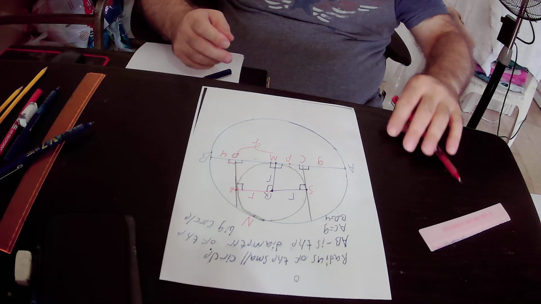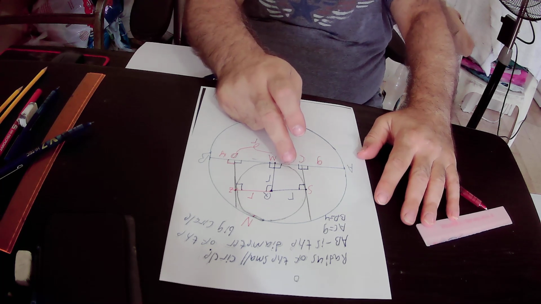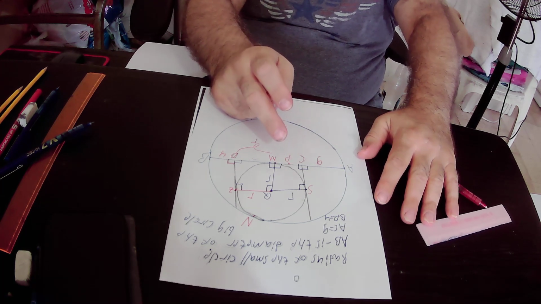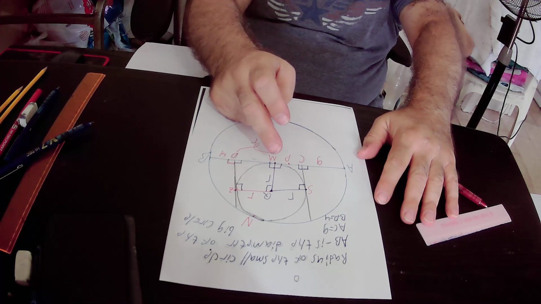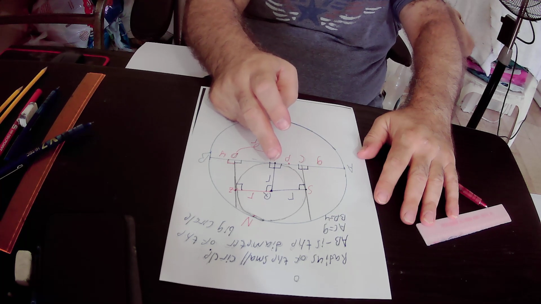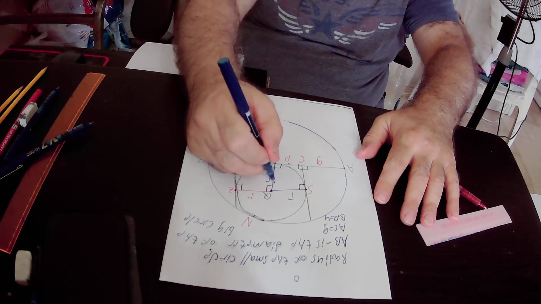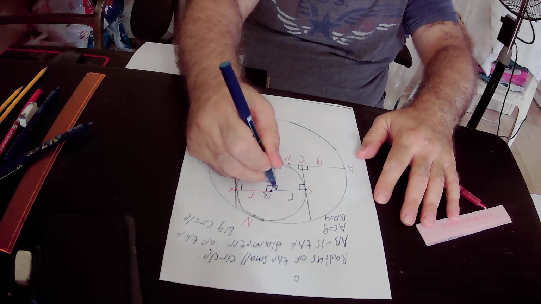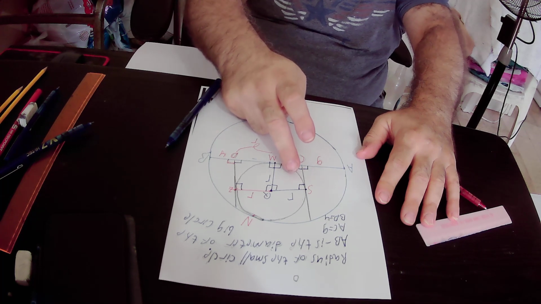We have quadrilateral SQCM that has 3 right angles. Therefore, according to rule number 2, that the sum of the angles in a quadrilateral equals 360 degrees, the fourth angle must be equal to 90 degrees. This is a right angle.